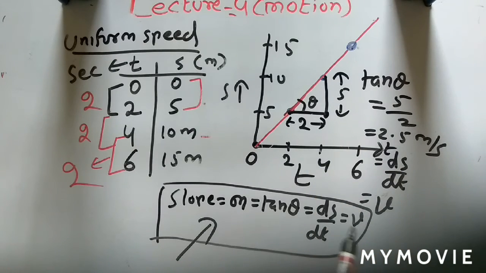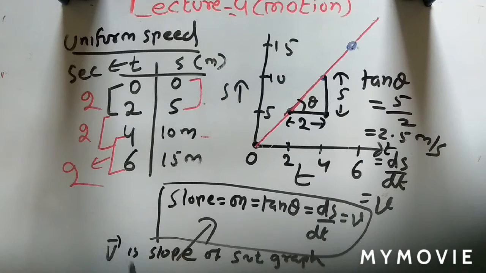So distance by time is speed. So speed can be measured from the distance-time graph by calculating the slope. Write this statement: the speed is the slope of the distance versus time graph.